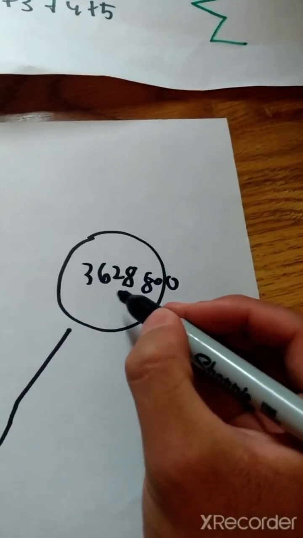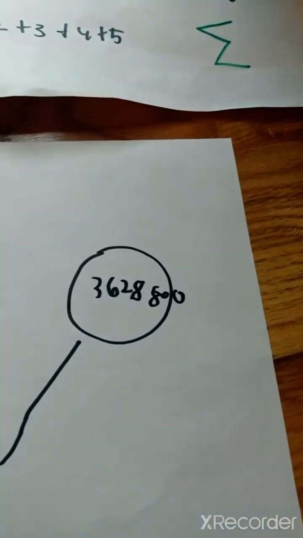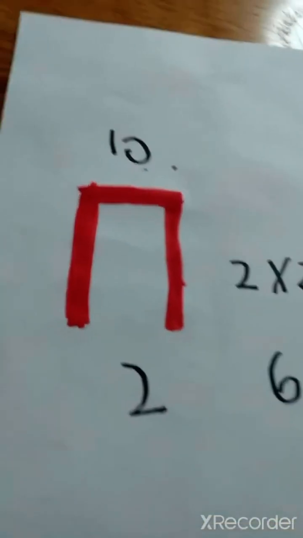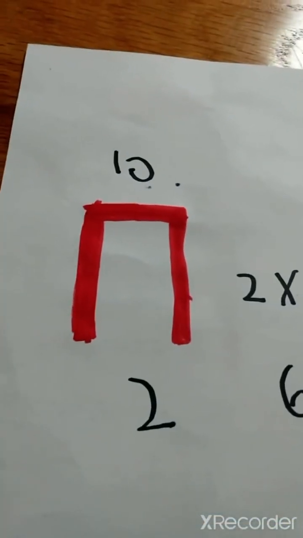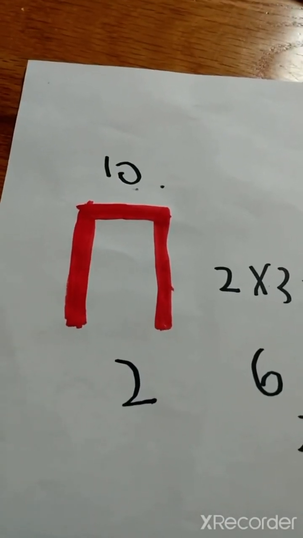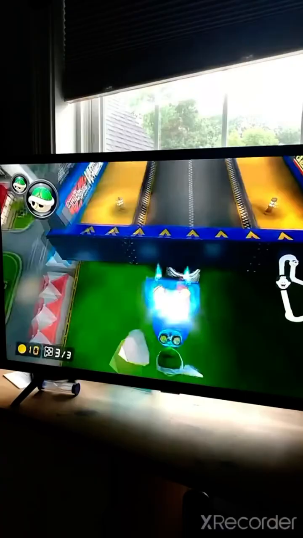We've got a whopping 3,628,800. By getting that very large number, the capital Pi can be very powerful. We now know how to use the capital Pi as a summation for the product.